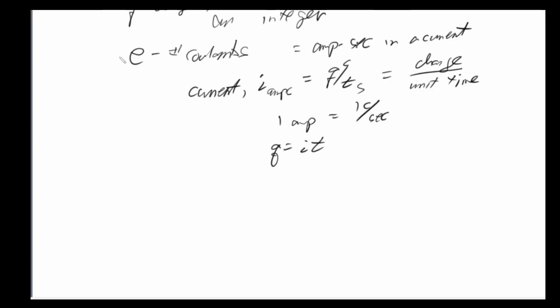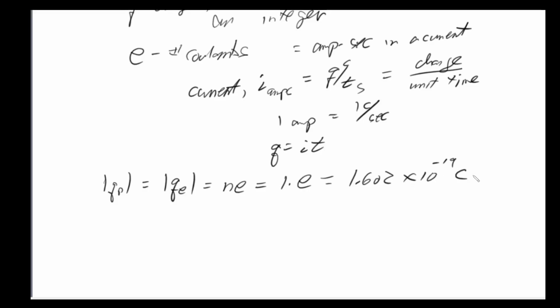So for a single proton or electron, how many of them would be in 1 coulomb of charge? So the charge on a proton, which is 1, is equal to the charge on an electron, which is also 1, but we're using the absolute value, which is equal to N times E, which in this case is 1 times E, which is equal to 1.602 times 10 to the minus 19th coulombs.